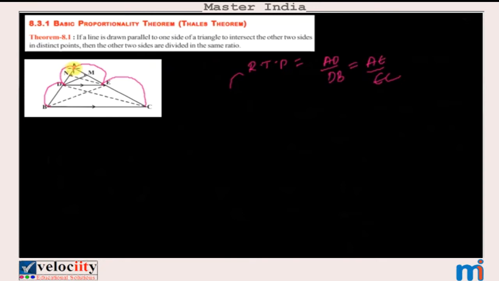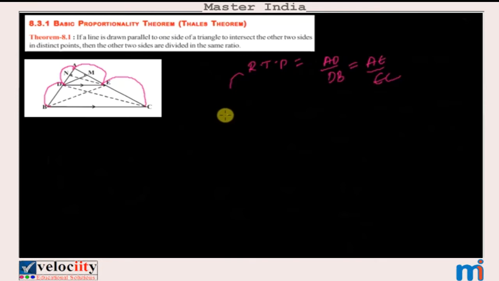AD is making a triangle here, triangle ADE, which includes AD. So I'll take a triangle in which AD is a part of that triangle.